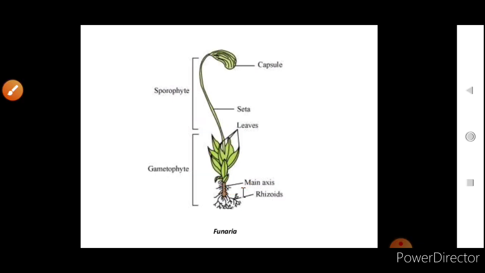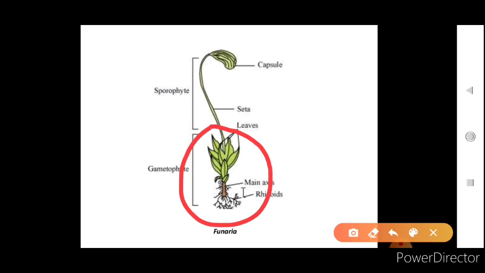Now here you will see that this is the gametophytic stage, in which leaf-like structures are present. So it will do photosynthesis, and all the food produced by these structures will be available to the sporophyte.